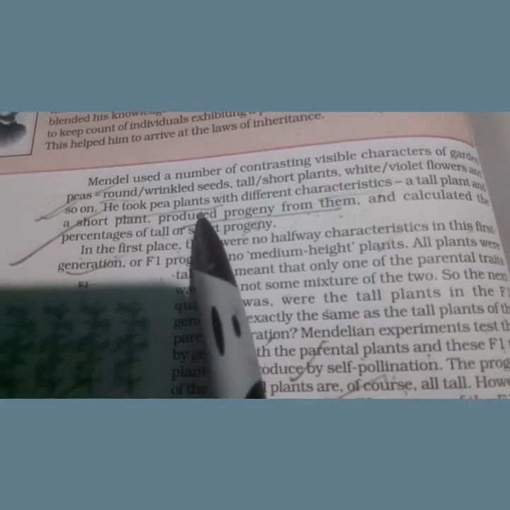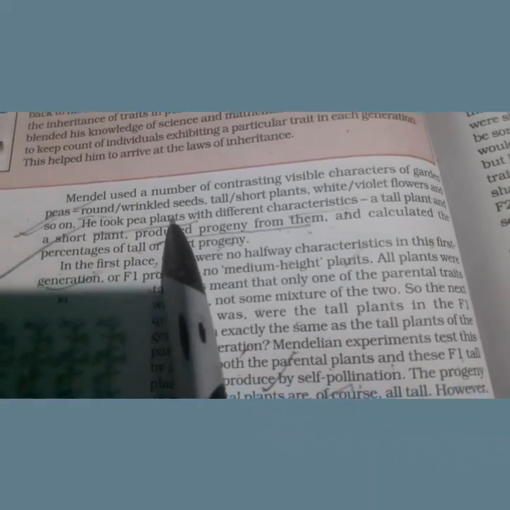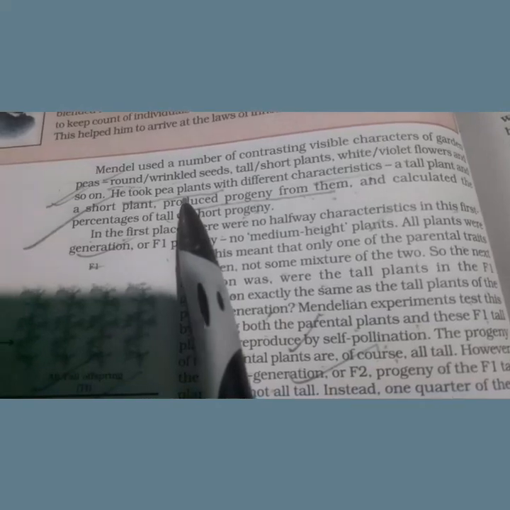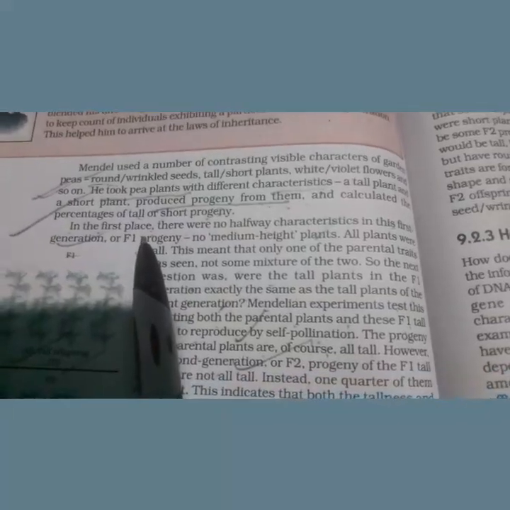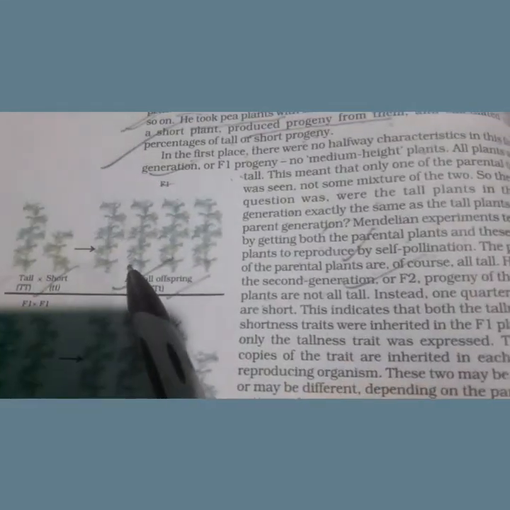Also, there are so many varieties, so many pairs which Mendel can see in a single plant. That's why the pea plant was chosen by Mendel, and this is how he could evaluate the inheritance of traits over two generations.